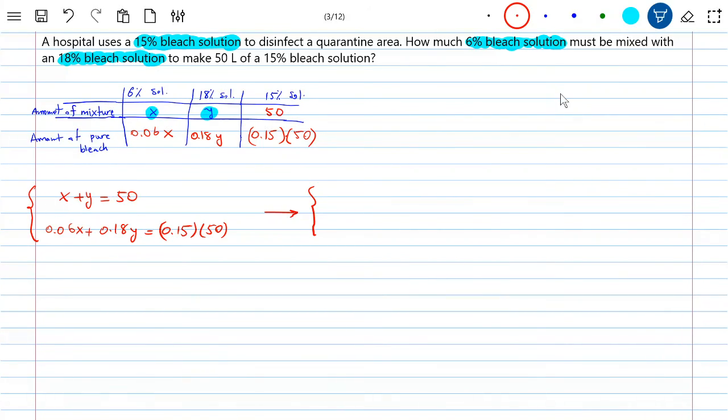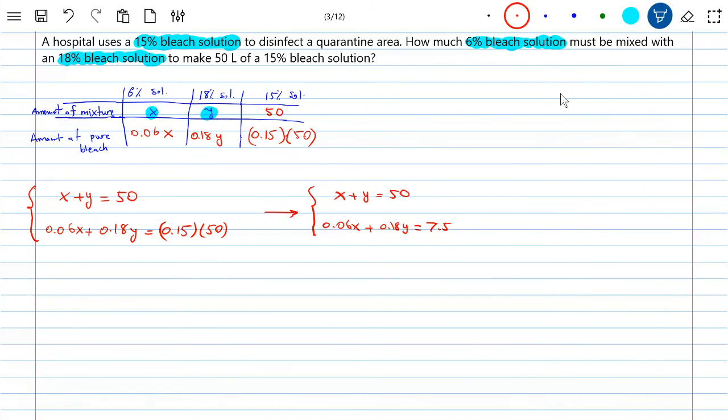So let's simplify this second equation a bit. You'd still have 0.06x plus 0.18y equals 50 times 0.15. Five times 1.5 is 7.5, so if you multiply 0.15 by 50, you get 7.5.